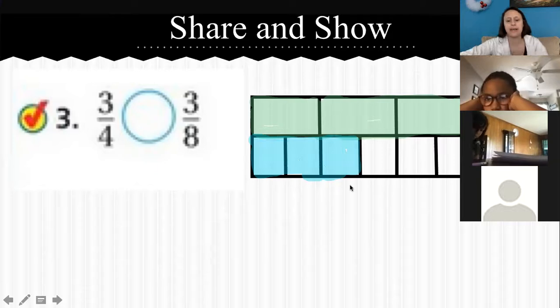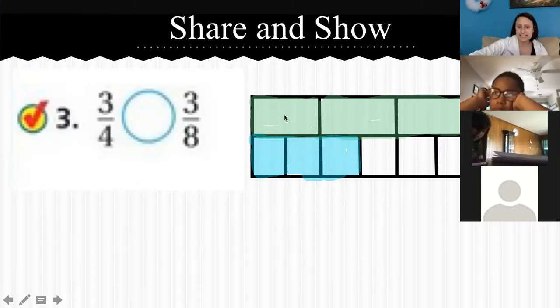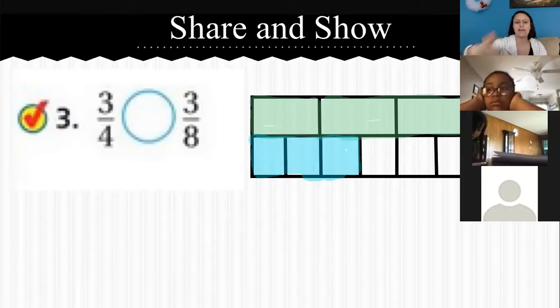Yeah. And so you can see that because these are bigger pieces, they're going to be more. So it's 3 out of 4 of them. Okay? Same size candy bar, same size pizza. It's just cut into different amounts of equal pieces.